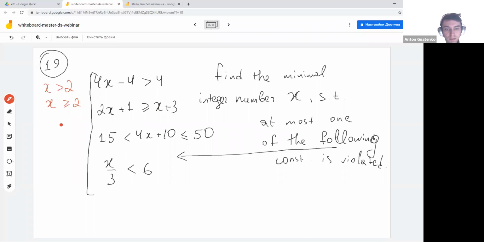This constraint means that actually 4x, let's move 10 here, it will be 4x greater than 5, which means x is greater than 5 over 4, and at the same time x is not greater than 40. And also x is less than 18.